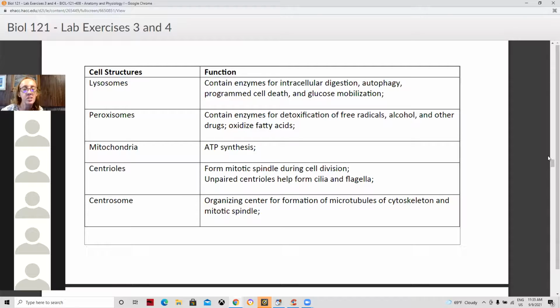Metabolism, mobilization, glucose mobilization. Peroxisomes contain enzymes that are involved in detoxifying hydrogen peroxide, free radicals, alcohol, and other drugs, and oxidizing fatty acids. Mitochondria are involved in ATP synthesis. Centrioles form the mitotic spindle that's involved in cell division.